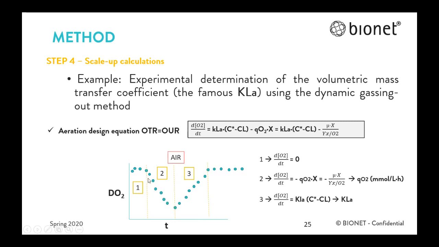Biomass concentration must be known or measured at this time to know the oxygen consumption rate per biomass unit. These calculations will allow us to design and scale a system that supplies the sufficient oxygen that our culture will require and that our equipment is capable of transferring.